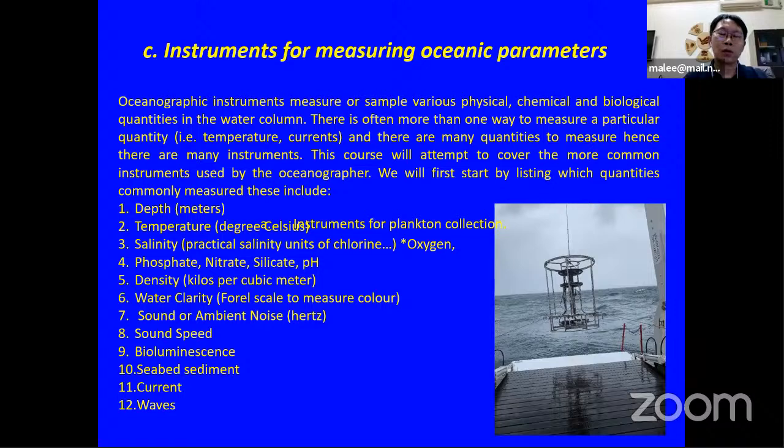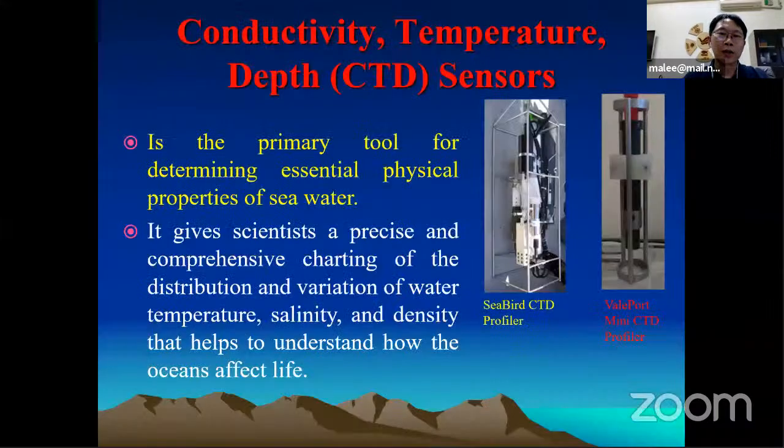So in the water, you can use more instruments for measuring the oceanic parameters. This slide is for the CTD sensor. This is the primary tool for determining essential physical properties of seawater.